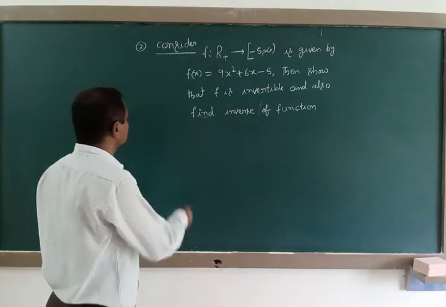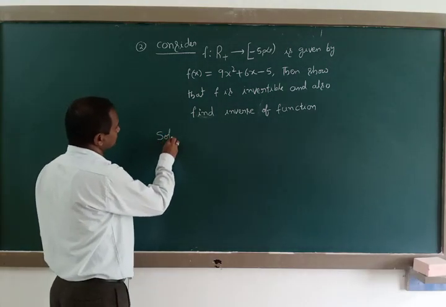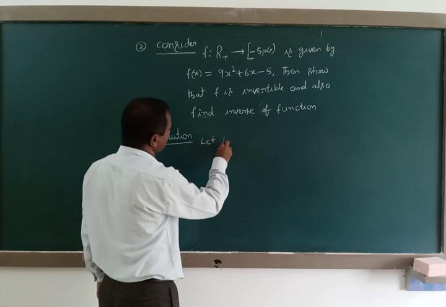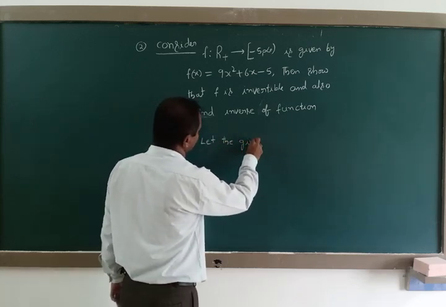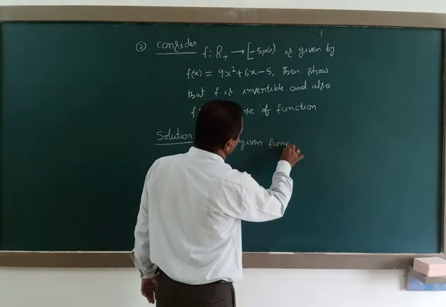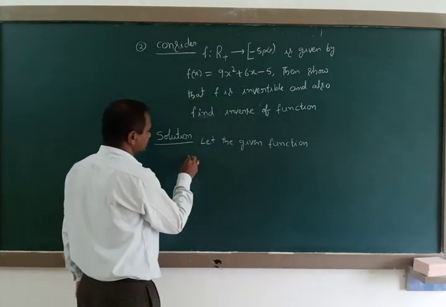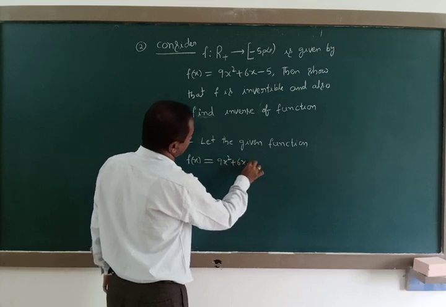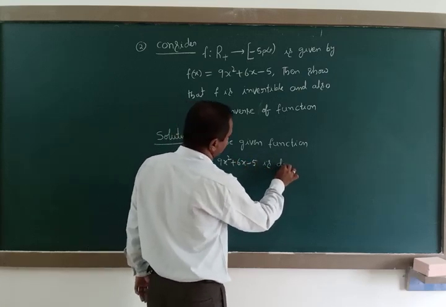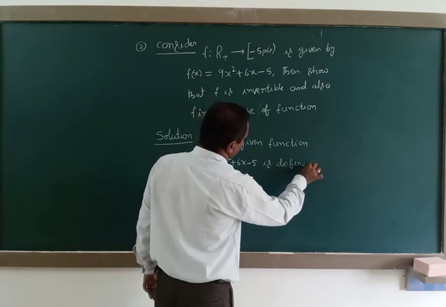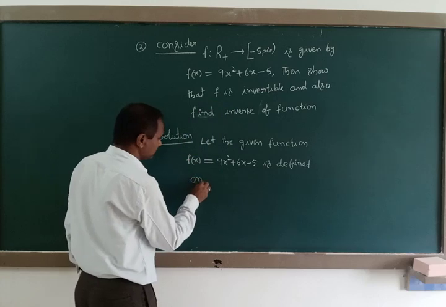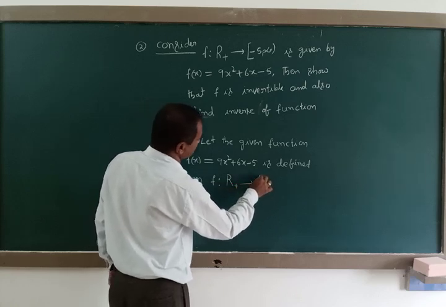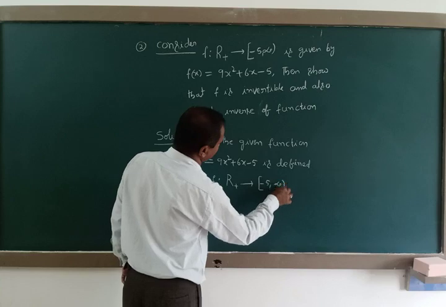Solution. Let the given function f of x is equal to 9x square plus 6x minus 5 be defined on R plus, f maps from R plus to the closed interval minus 5 comma infinity open interval, like that.